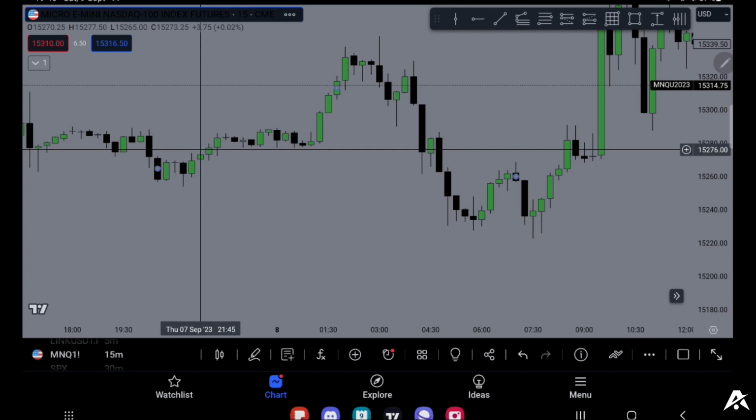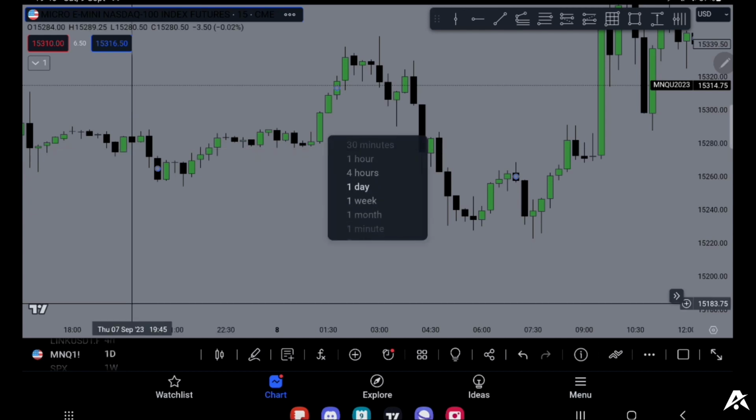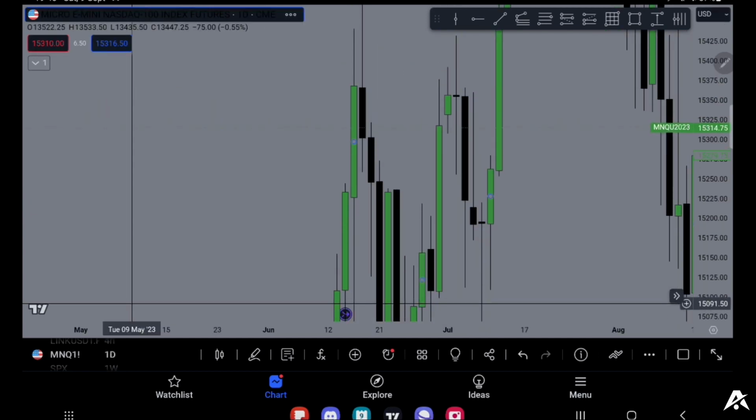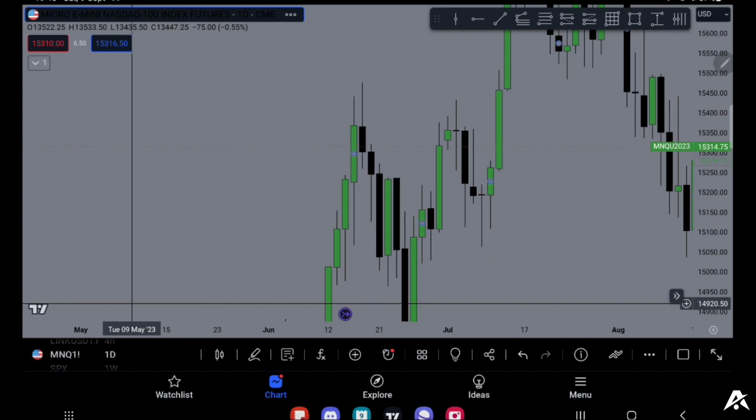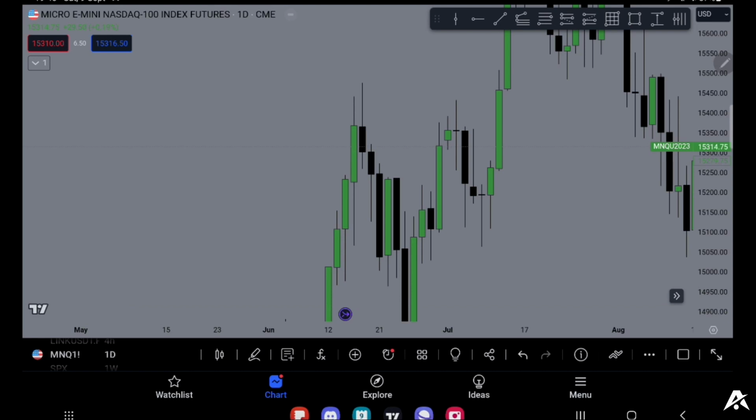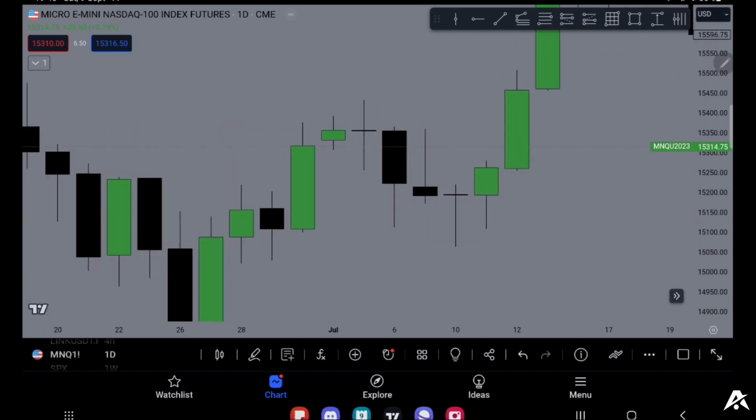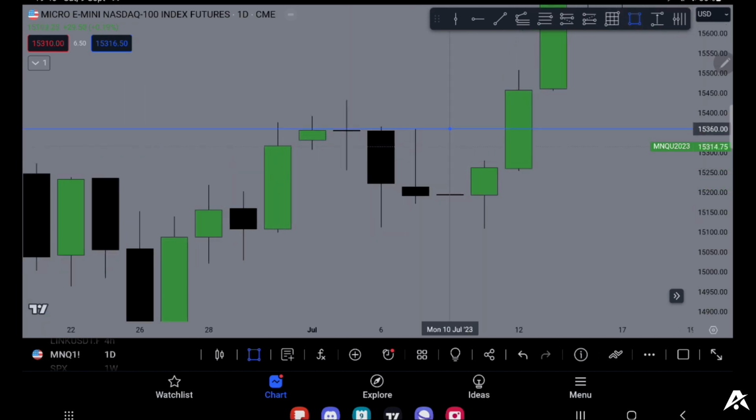But to keep things simple, if you see a candle that has a very long wick and a very small body, which means your open and your close are very close together, but you've gone down to make a low significantly or gone up to make a high significantly, this means two things. In terms of the institutions, let's actually take this candle as an example.